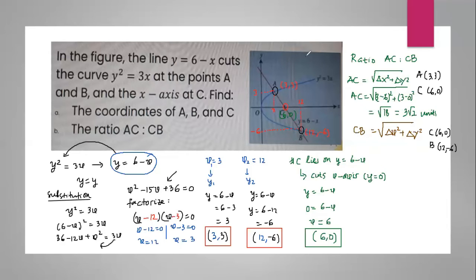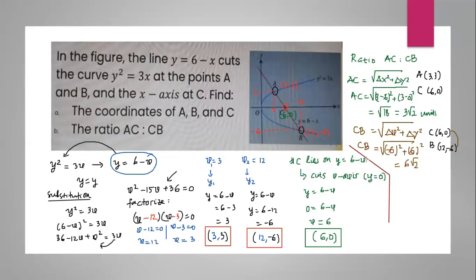So CB is the root of delta x, 6 minus 12, squared, and delta y, 0 minus minus 6, squared. So you have 6 root of 2. Is it clear to you?